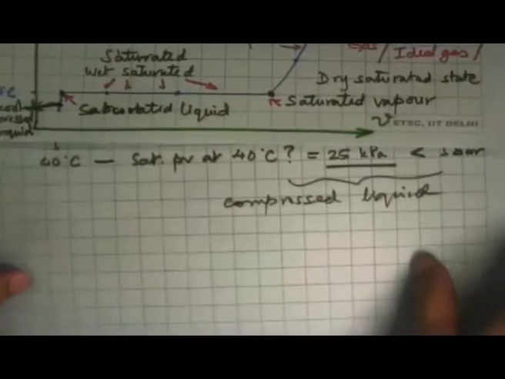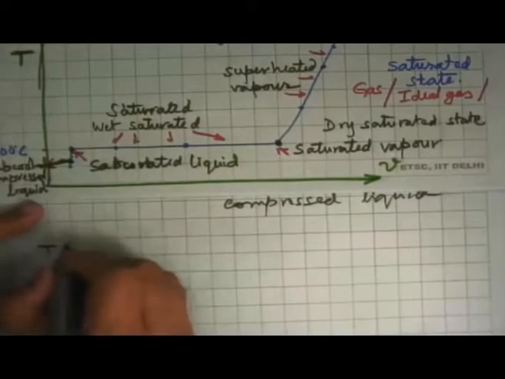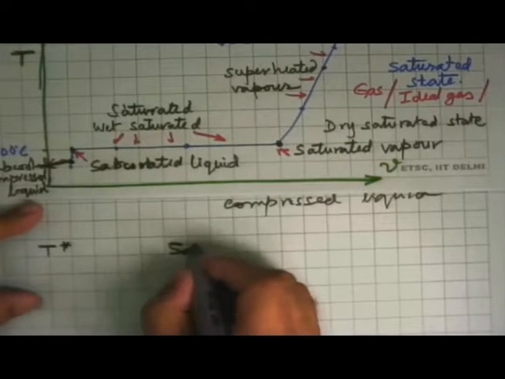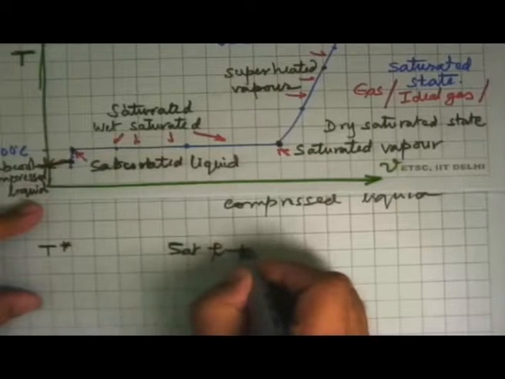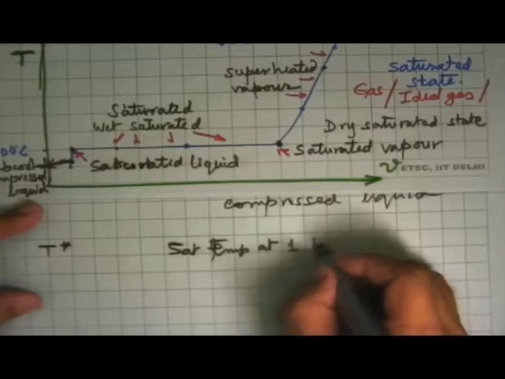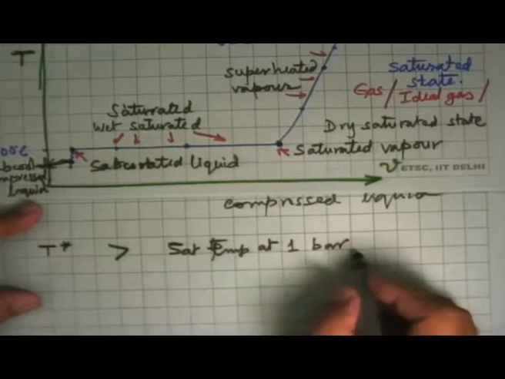And we take that analogy a little further, and we come to the superheated vapor state. And what one sees here is that in all these cases, the temperature is more than this temperature. If the temperature T star at any state here is compared with the saturation temperature at that pressure at 1 bar, this temperature is more than the saturation temperature.